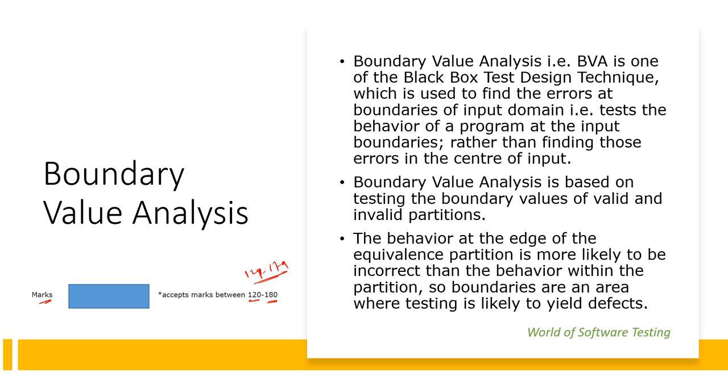The basic idea in boundary value testing is to select the input variable values at their minimum and maximum. In this example, the range is 120 to 180, so this is the minimum and this is the maximum. In boundary value analysis, we find values like just below the minimum, the minimum, just above the minimum, a nominal value, just below the maximum, the maximum, and just above the maximum.